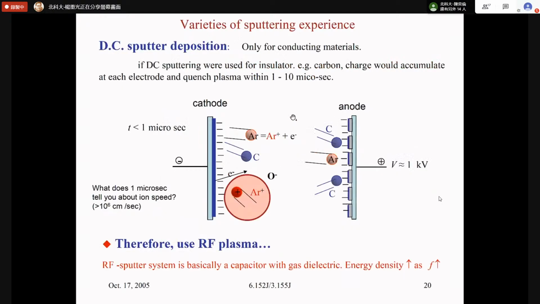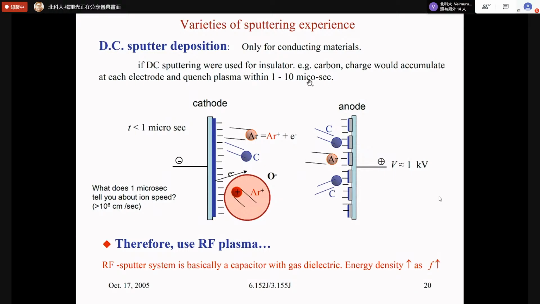Okay. So some other sputtering experience. If you're using DC sputter, you find that DC sputter only works for conducting material. So if DC were used for an insulator like carbon, charge would accumulate on each electrode and quench the plasma.